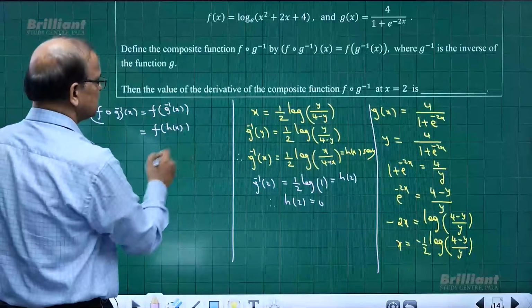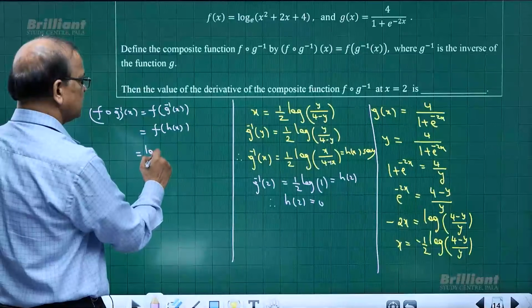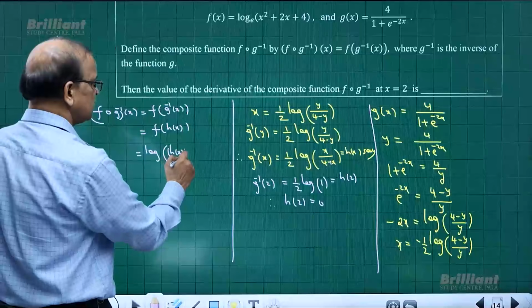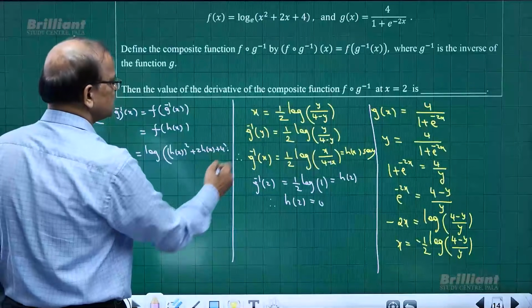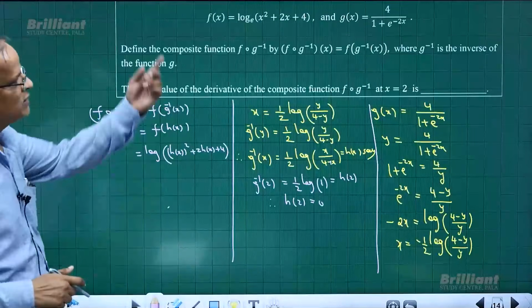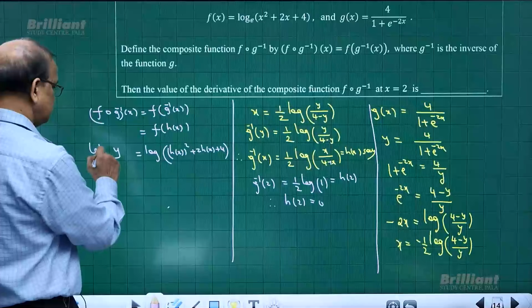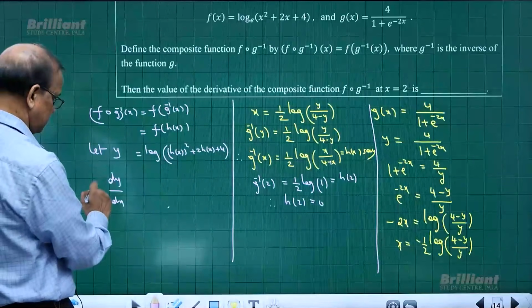So, what is that? This is nothing but log of h x square plus 2 h x plus 4. We want the derivative of this at x equal to 2, right? Okay, you take this as y. Now, dy by dx, right?